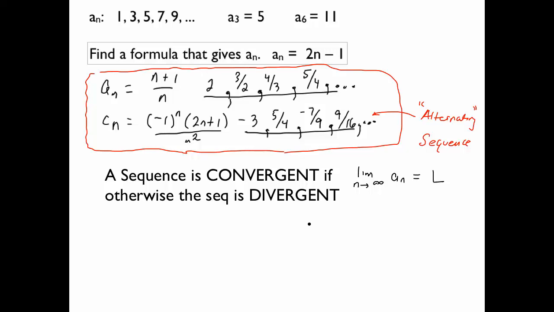So what about a sub n up there? Is a sub n convergent or divergent? n plus 1 over n. Well, we look at the limit as n goes to infinity of n plus 1 over n.